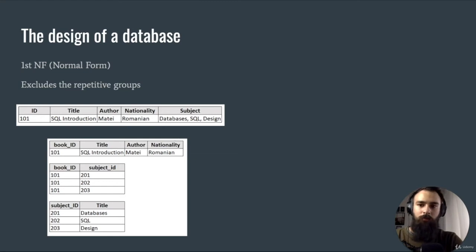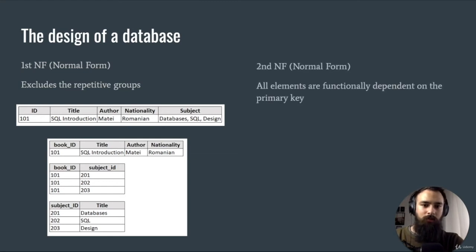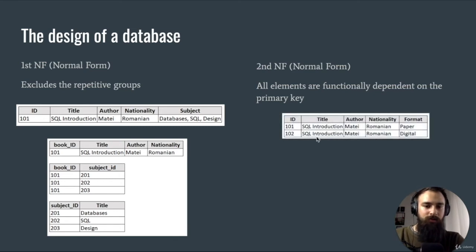The second normal form tells us that all elements are functionally dependent on the primary key. In this example, I have the same book but in two different formats. You can see that I have the ID, title, author, nationality, and format. And while for the title SQL introduction we have the same author and the same nationality, the format is different.